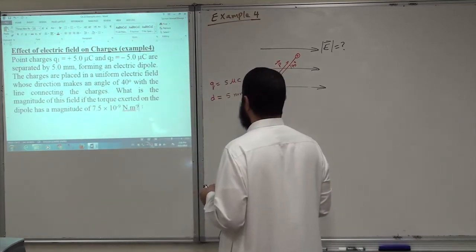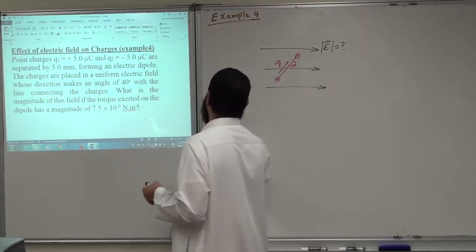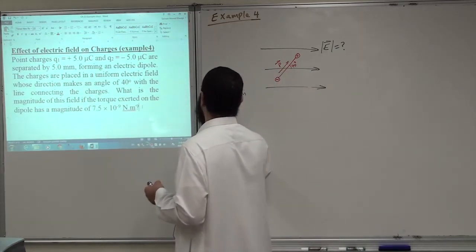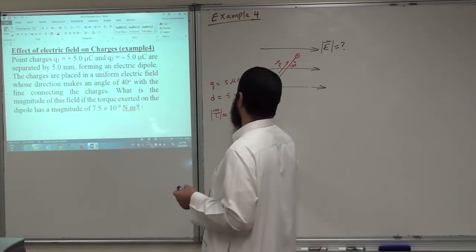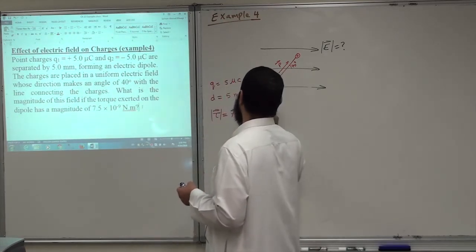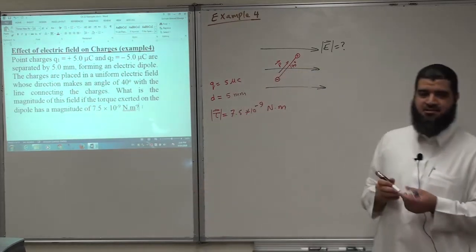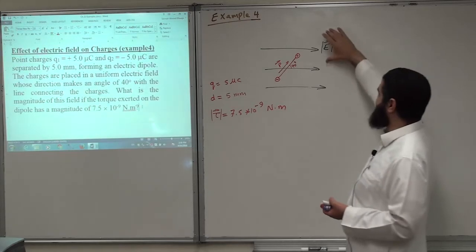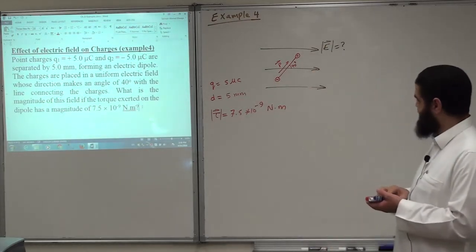At this moment the torque has a magnitude of 7.5 times 10 to the minus 9 Newton meter. This is the torque, and he is asking us to find how much is the electric field given this information.